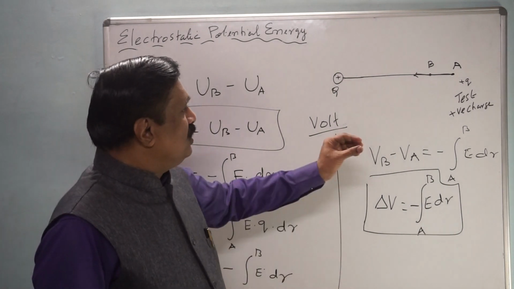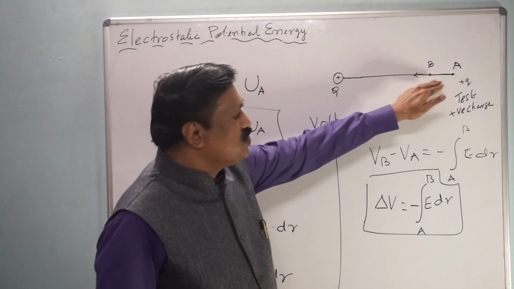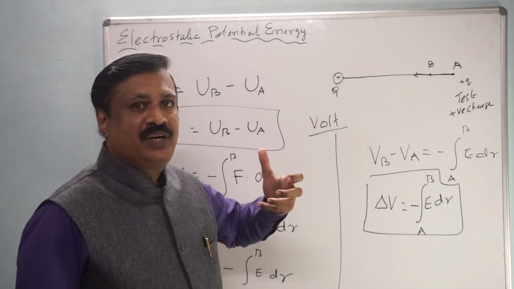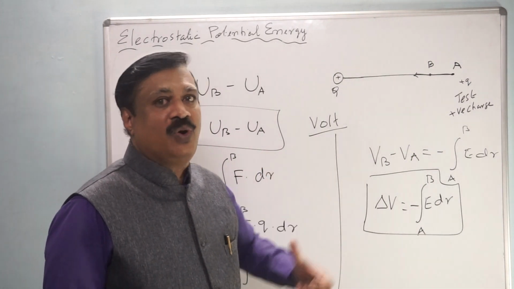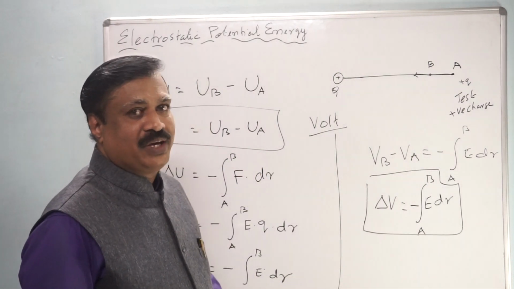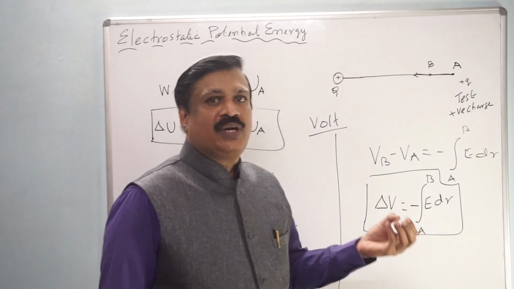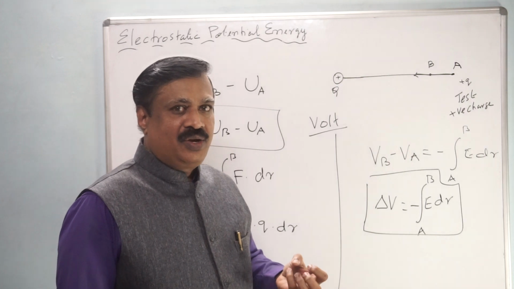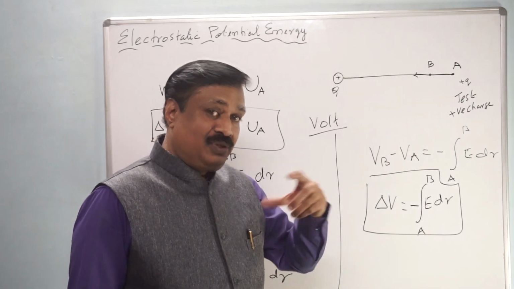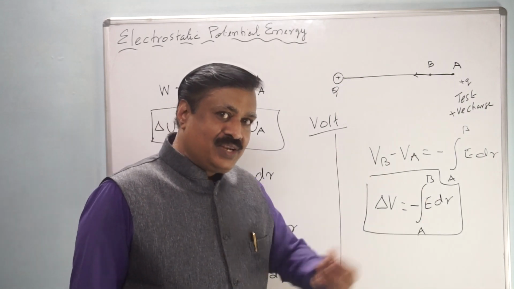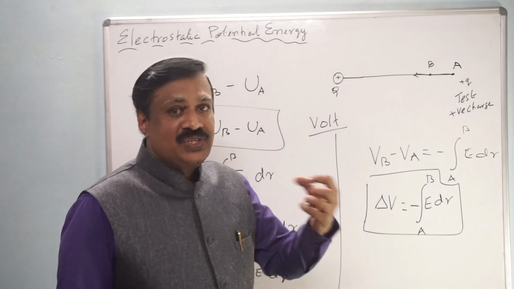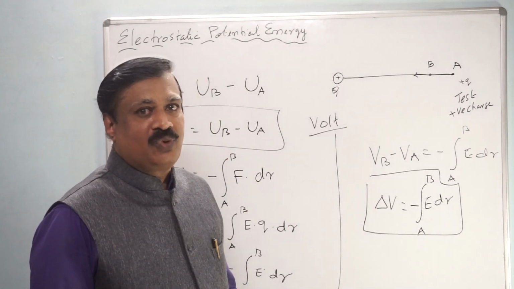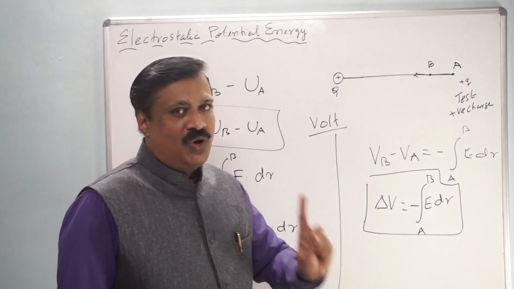The work done in bringing from this to this, we have to define in some unit. 1 volt. What is 1 volt? 1 volt means if you bring a unit charge against the electrostatic field and the work done is equal to 1 joule. Unit charge means 1 coulomb.